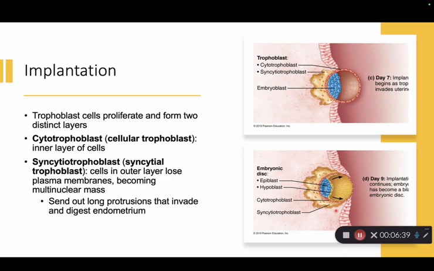The syncytiotrophoblast will secrete enzymes that digest maternal tissue, enabling deeper implantation and access to maternal blood flow. This structure will become the primary source of HCG moving forward. So cytotrophoblast, here, cellular inner layer. Syncytiotrophoblast is going to be this outermost layer.